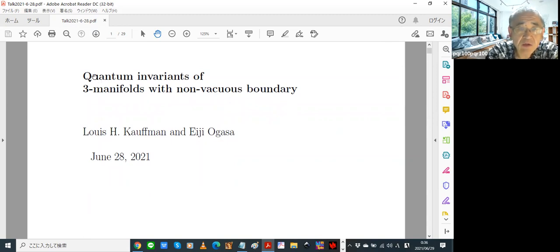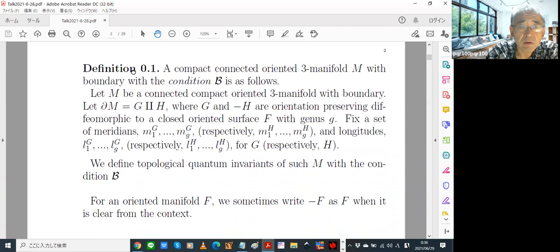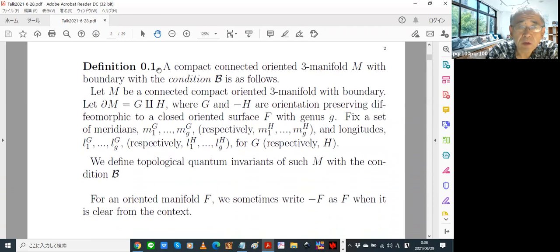Quantum invariants of three manifolds with non-vacuous boundary. Today's title. Kalkman and me. Definition: a compact connected oriented three manifold M with boundary with the condition B is as follows.